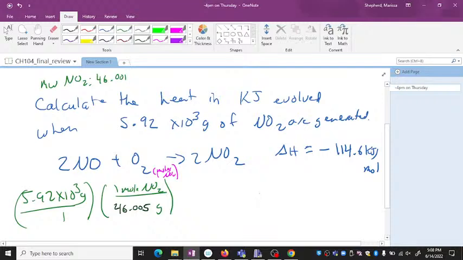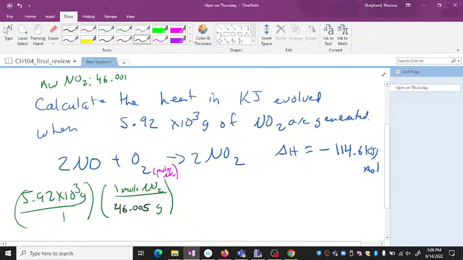So what should we do with this? Because we're trying to get heat. Because we're almost there, right? Because we have moles of NO2.